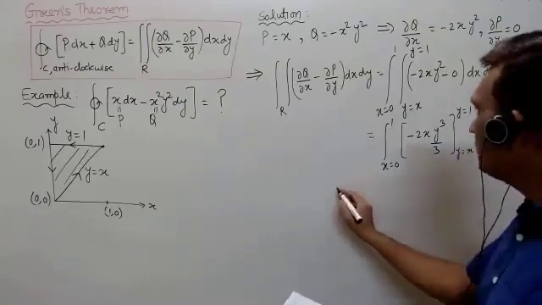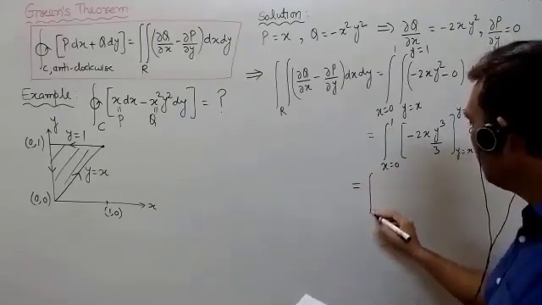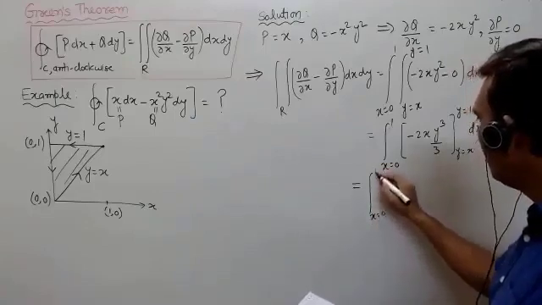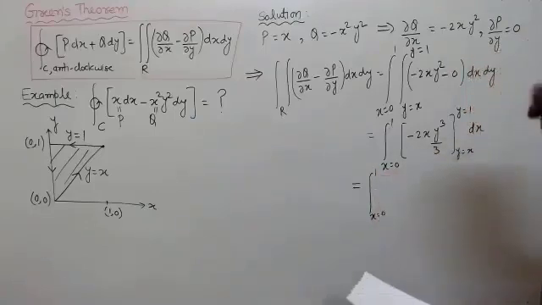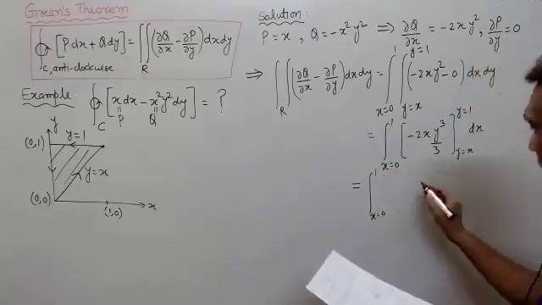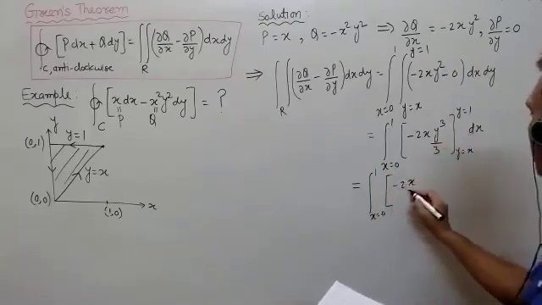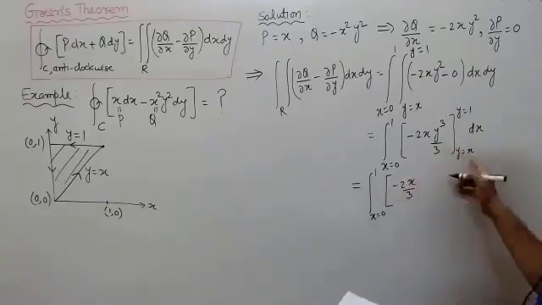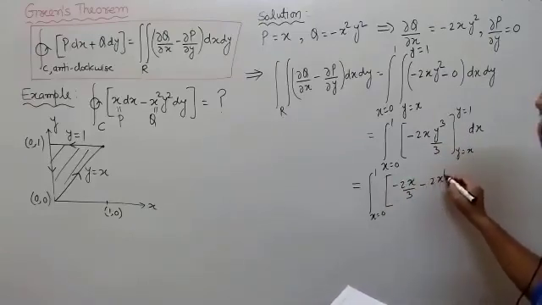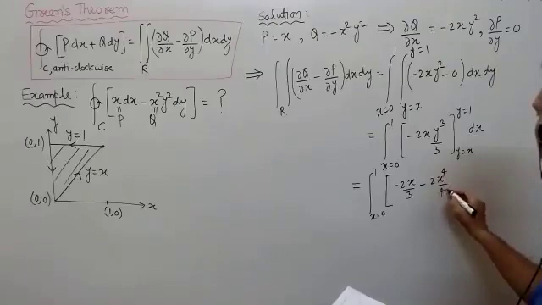So if you substitute this, this will be x 0 to 1. What will be this value? Minus twice x by 3 and then minus twice x power 4 by 3. This will be plus sign.